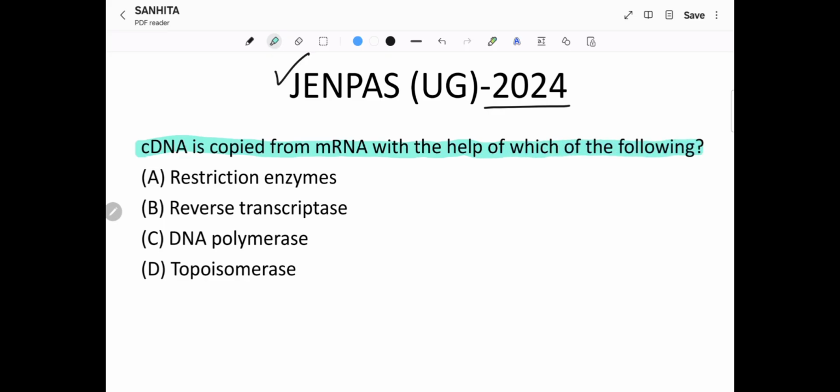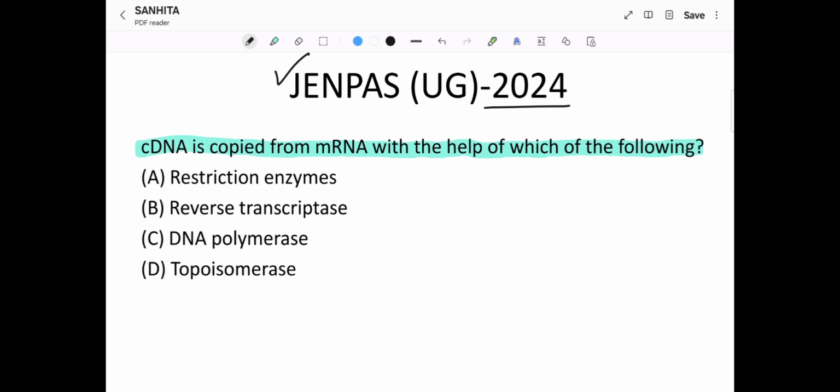Okay, so the first tool to solve such type of problem is to read the question thoroughly. Do not panic and do not think too much.